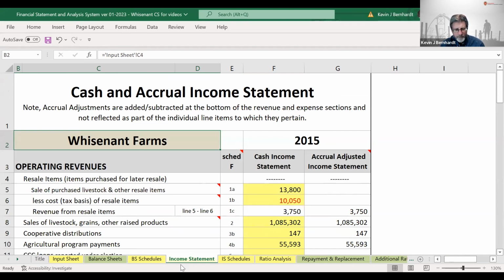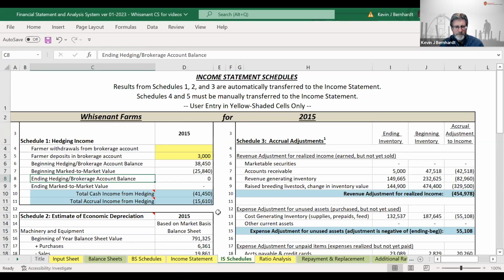But there is a little bit of help that's needed from some schedules, not near as much as the balance sheet. But if I switch to the income statement schedules tab, over in the upper left-hand corner, you see schedule 1 for hedging income. And then the other schedules, that's really about the only one you need to use. The rest of them are just there for reference. So the accrual adjustments, the schedule 3 on the right-hand side, that's automatically completed.